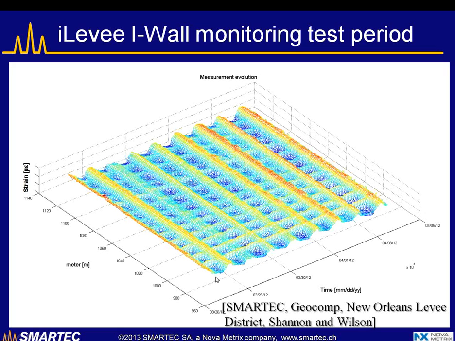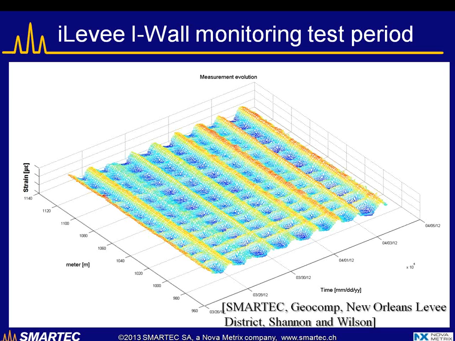So the cycles that you can see on the time axis correspond to the day and night variations, and the changes that you see along the levee itself correspond to the movement created by the expansion and contraction of the different panels making the wall, and movement of the joints in between. So when the wall expands, the joints compress, and vice versa.